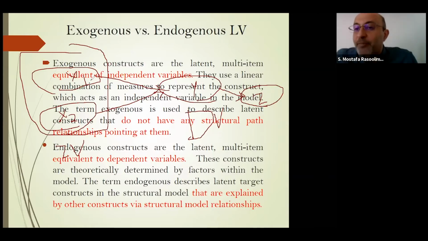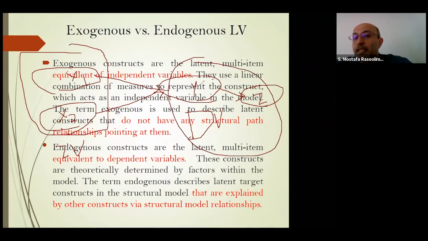Exogenous variable is something similar to independent variable, but not exactly the same. And the endogenous variable is somehow similar to dependent variable, but is not the same. Because, for example, for this relationship, this can be DV, but for this relationship, this is IV.